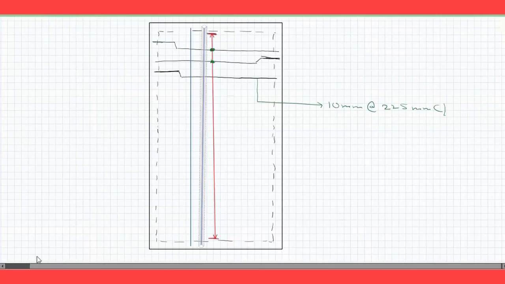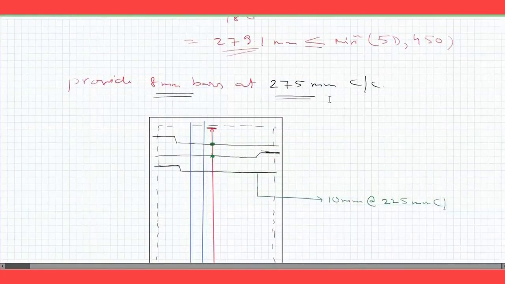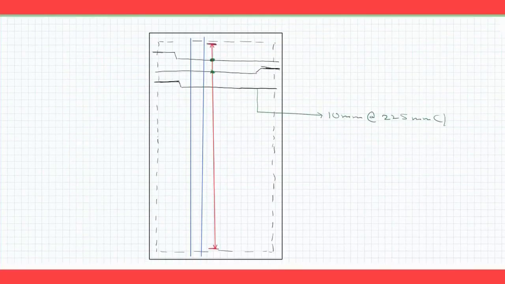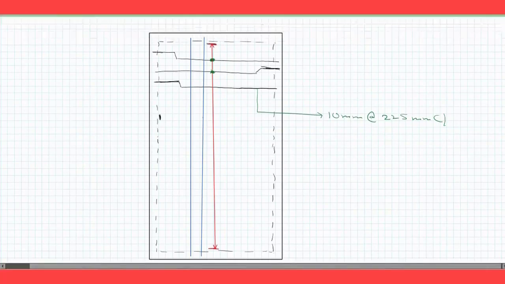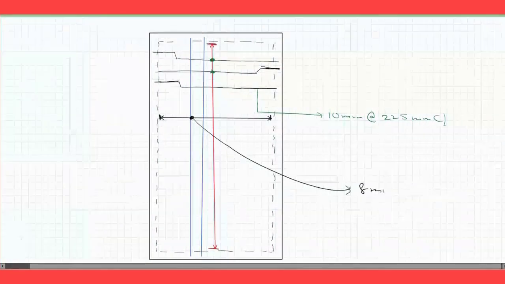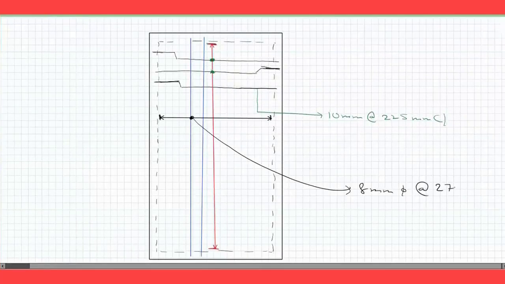I had said that we'll be providing secondary reinforcement at 275 millimeter center to center. So this reinforcement you are providing from this distance till this distance. This bar is 8 mm dia at 275 millimeter center to center. This reinforcing bar is going to span from here till here.